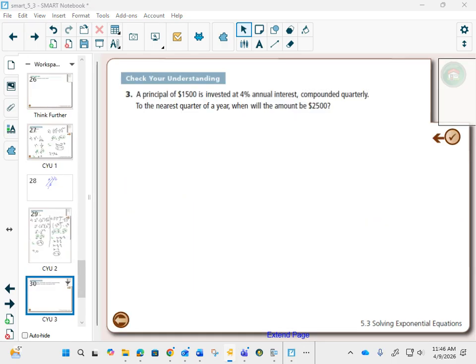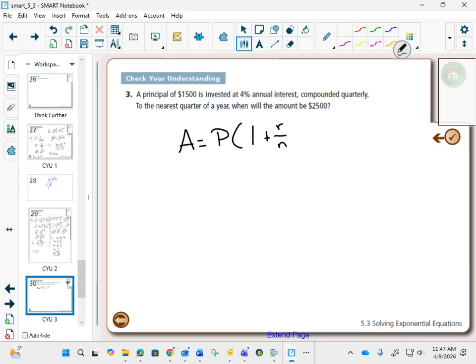A principal of $1,500 is invested at 4% annual interest rate, compounded quarterly. So what would happen is that they would give you this formula, and I'm writing it with slightly different letters. They can choose whatever letters they want. The formula that was in your textbook had A0.